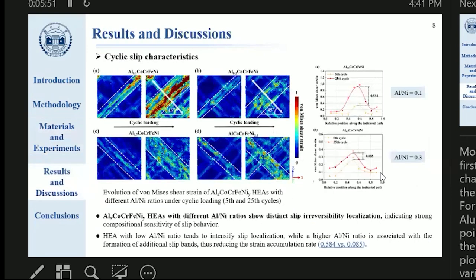Moving to the results and discussions, we first observe that the compositional changes have a significant impact on the cyclic slip characteristics of HEAs.